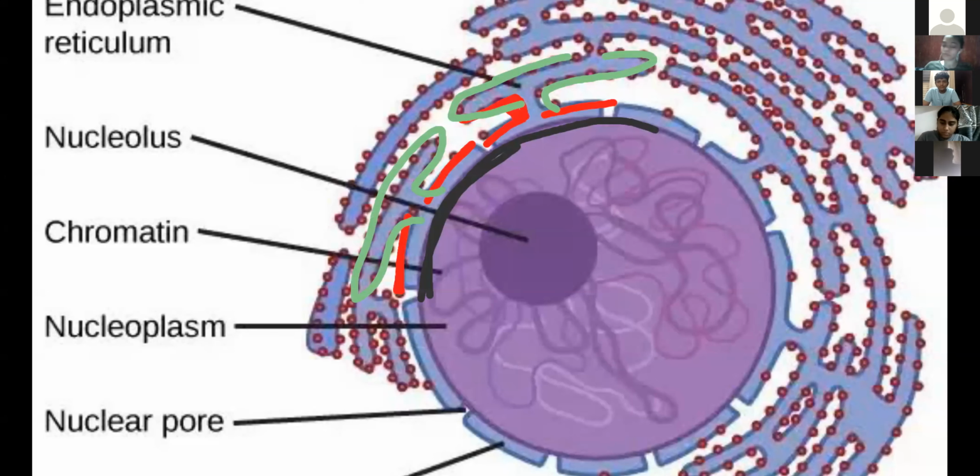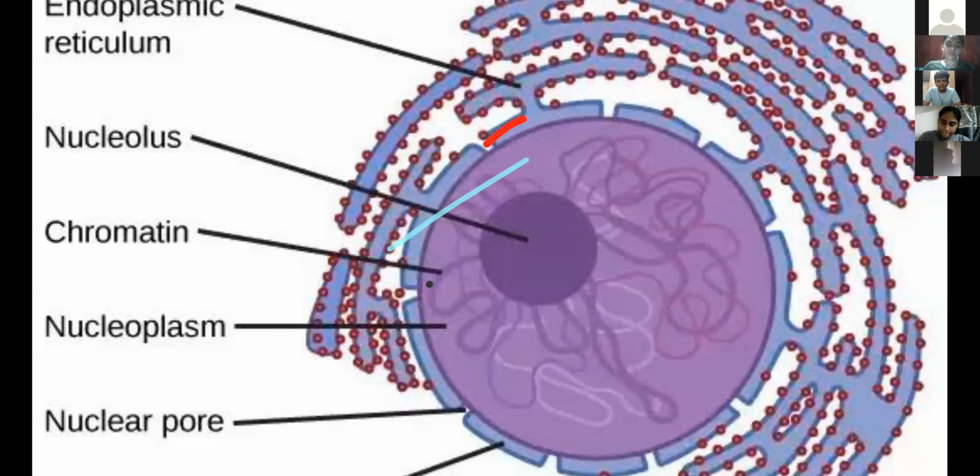And if you can make out this thing, see, this is the nuclear envelope part. वहां पे आपको राइबोसोम दिख रहा है, रेडिश कलर के small round structures are there.